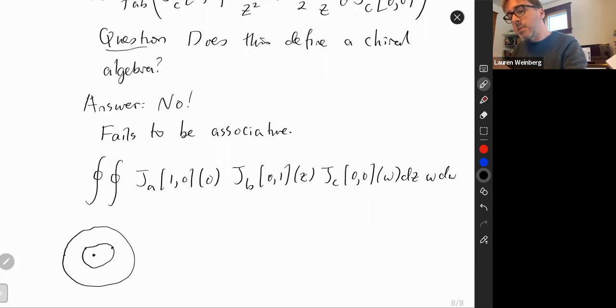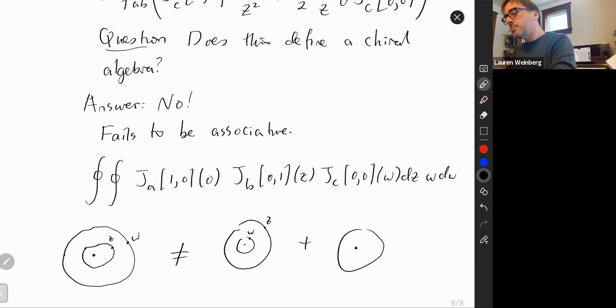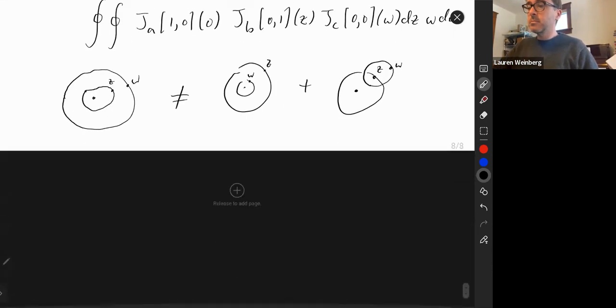If I take the following double contour integral, associativity would tell us that it should be equal to the same expression integrated in a different way, with one of them on the inner contour of w, and in the other one, w goes around z. You just calculate both sides and they're not the same.